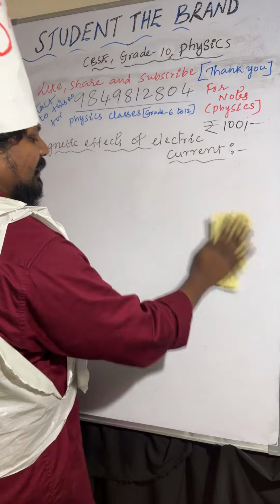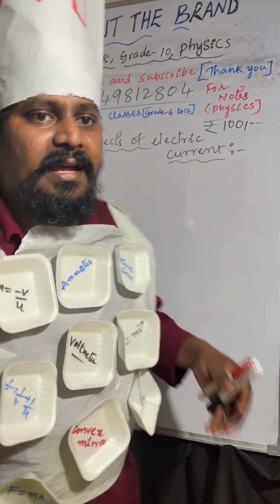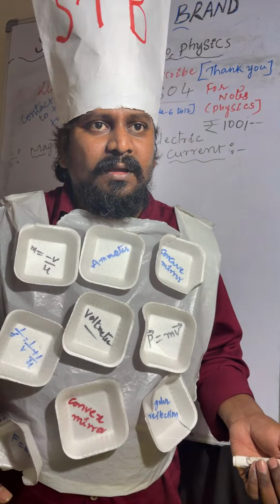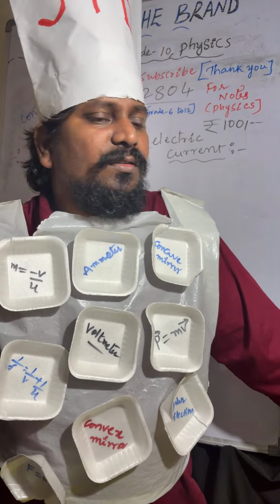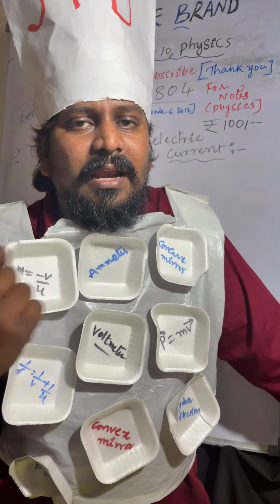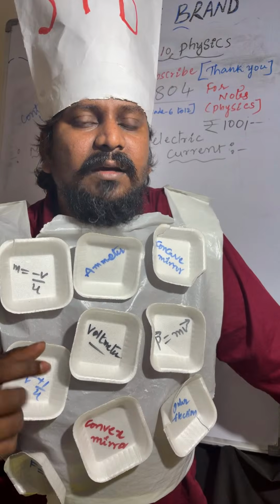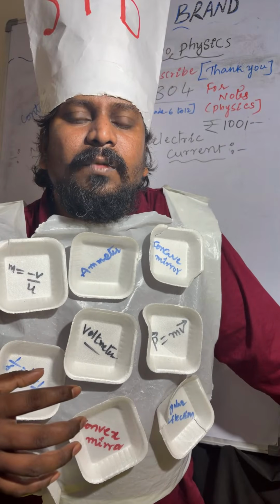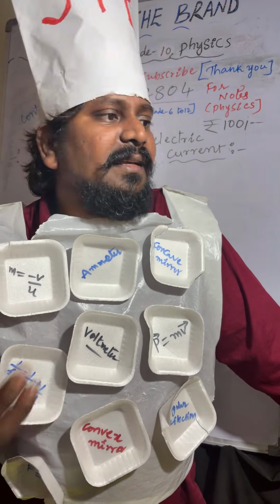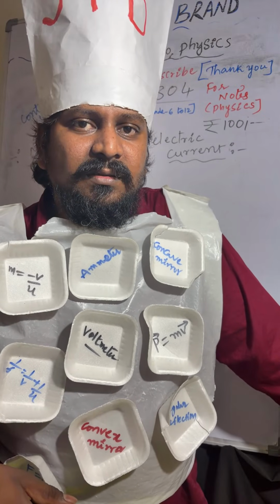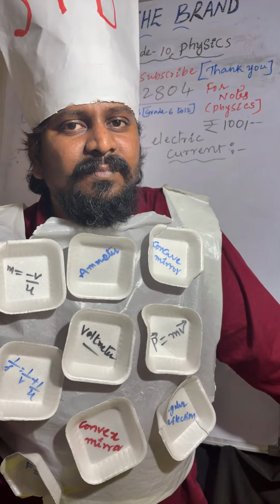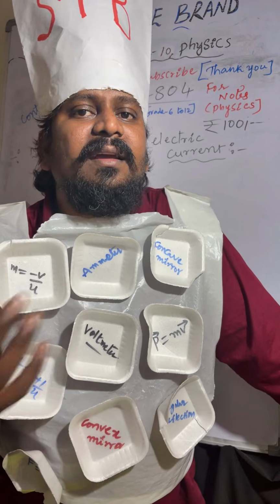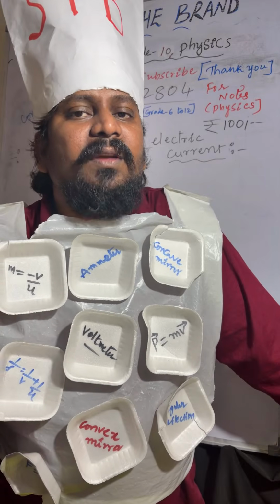We know that when current is passing through a conductor, it acts as a magnet. We already did this in the earlier classes. Taking an iron nail, wrap copper wire around it and connect to a battery or cell, then automatically it acts as a magnet. It will attract magnetic materials. That is called an electromagnet. An electromagnet is when current is passing through the conductor, it shows magnetic behavior.